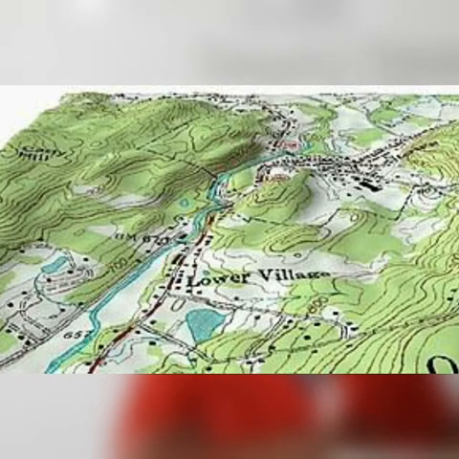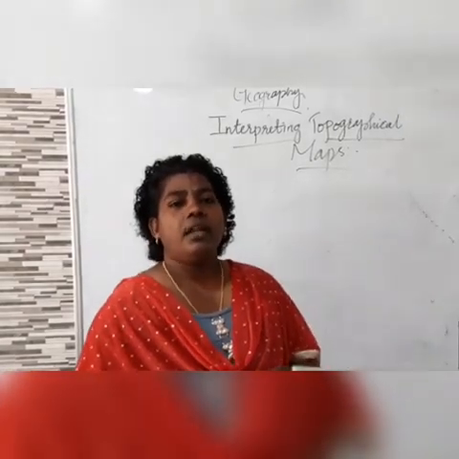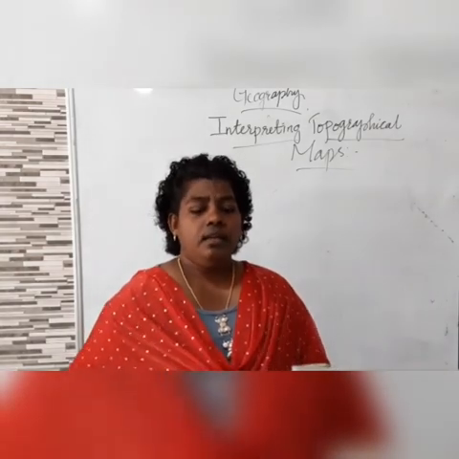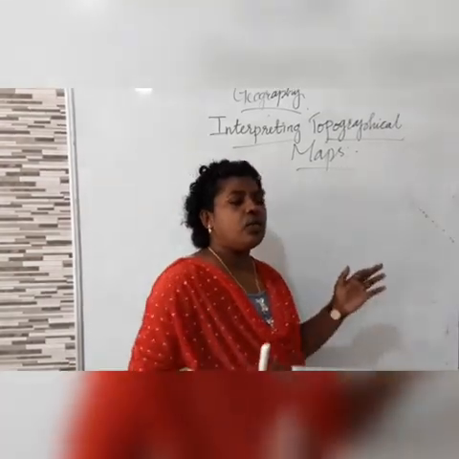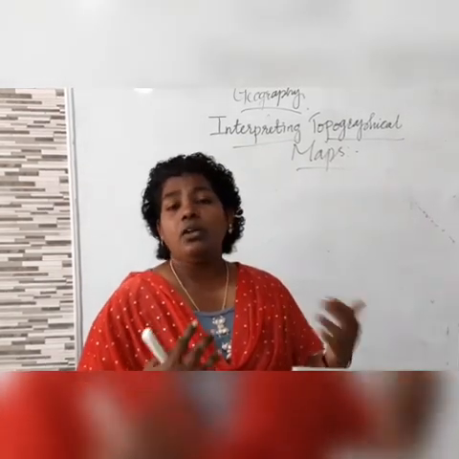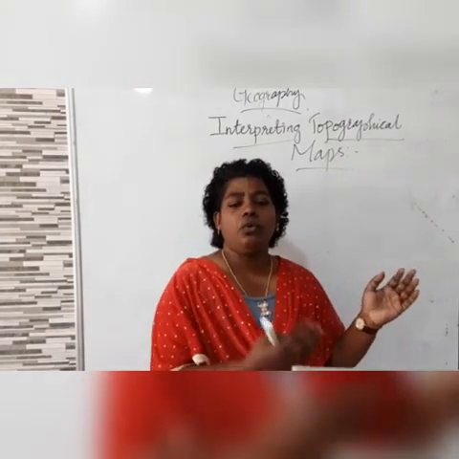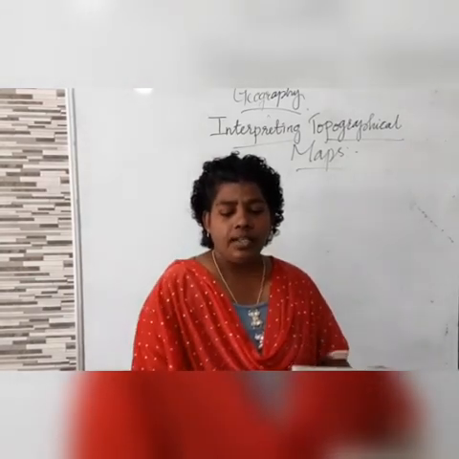These pakka roads you can find in the developed areas like towns and cities, and kacha roads you can find in the villages. Both these roads can be used for communicating. Not only communication, they are also used for transporting goods from one place to another.